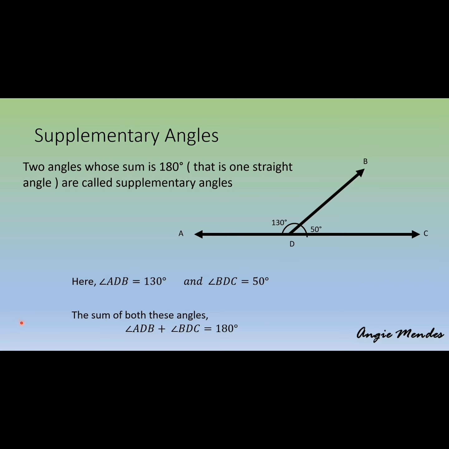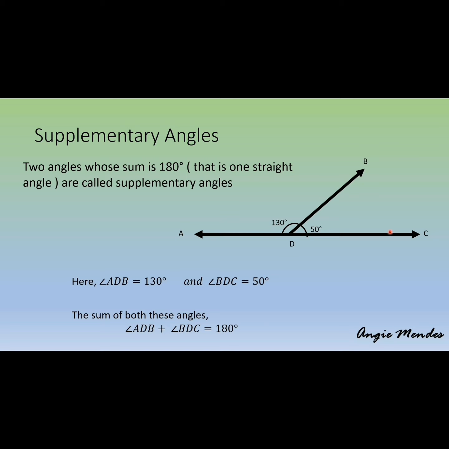Supplementary angles. If the sum of two angles adds up to 180 degrees, then these angles are supplementary angles. Now let's look at this figure. We have angle ADB and we have angle BDC.